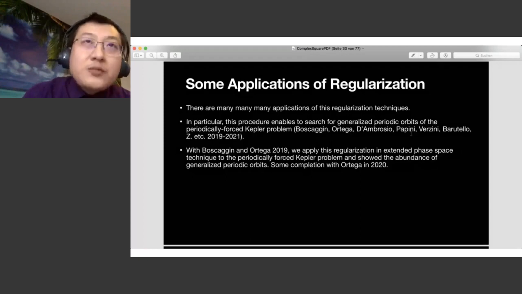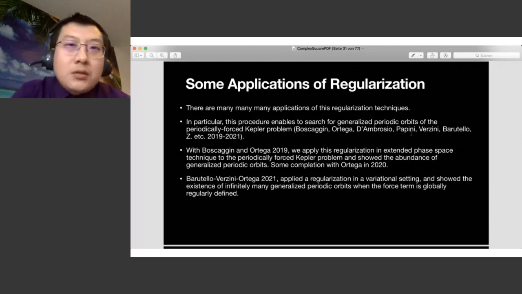In this paper, we assume that this forcing term is everywhere regular, but it's actually not really needed. Therefore, I made a completion with Rafael Ortega just to remark this. It does not have to be regular everywhere, and it's enough for it to be regular in the neighborhood of the attractive center of this Kepler problem. Therefore, it also admits applications to the restricted three-body problem, which has another center which moves around and so on.